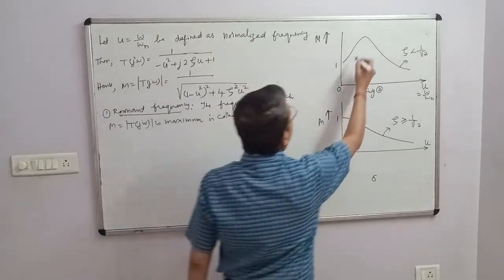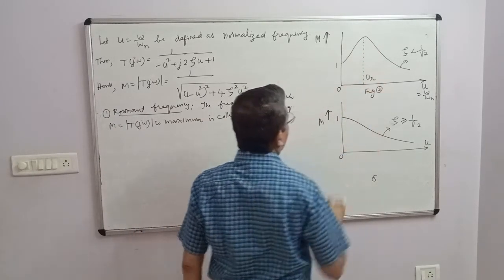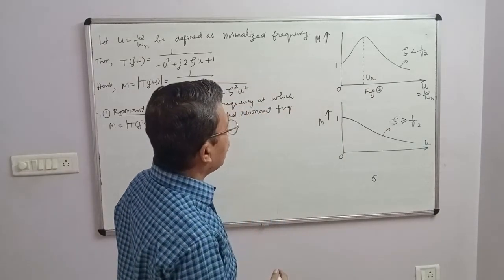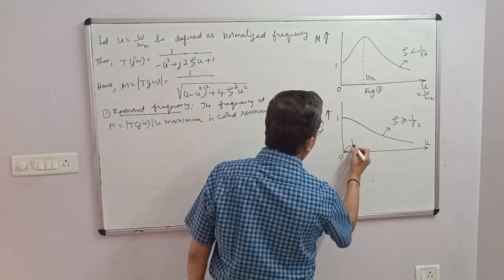In this figure, this is the resonant frequency. Correct? In the case of zeta greater or equal to 1 by root 2, this itself is the resonant frequency.